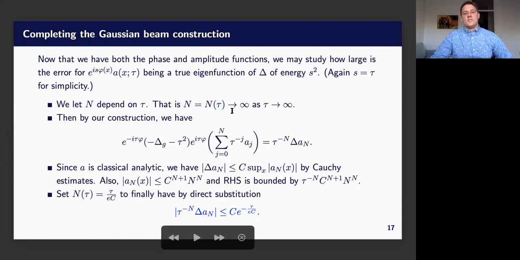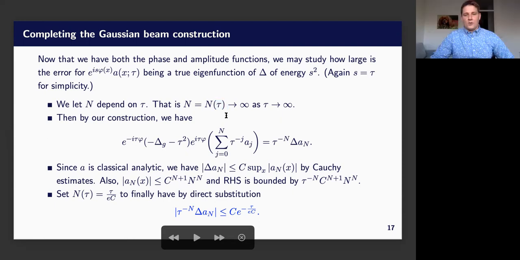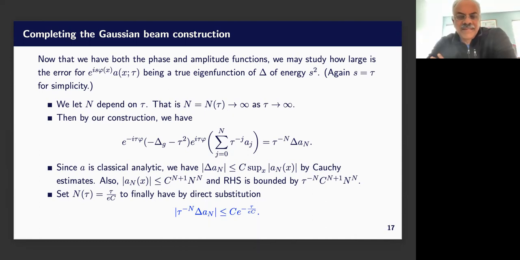At least I haven't seen this kind of N depending on tau done before. I'm sure it has been done in some papers, but I haven't seen it. Okay. So typically N is independent of tau. Right. Yeah.